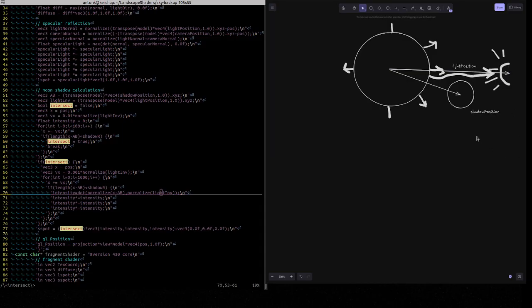So let's say we start here. Let's say this is our x. Let's say x is over here. So this is x. And then we try to move in the direction from x to the light position, which is honestly, the light is so far away that basically all these lines are parallel.